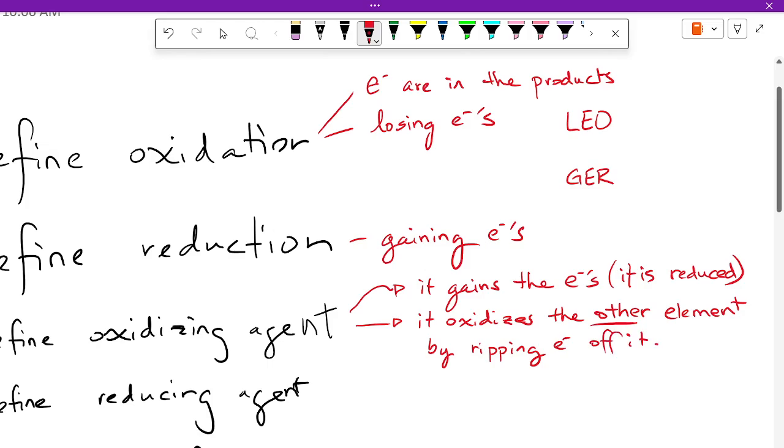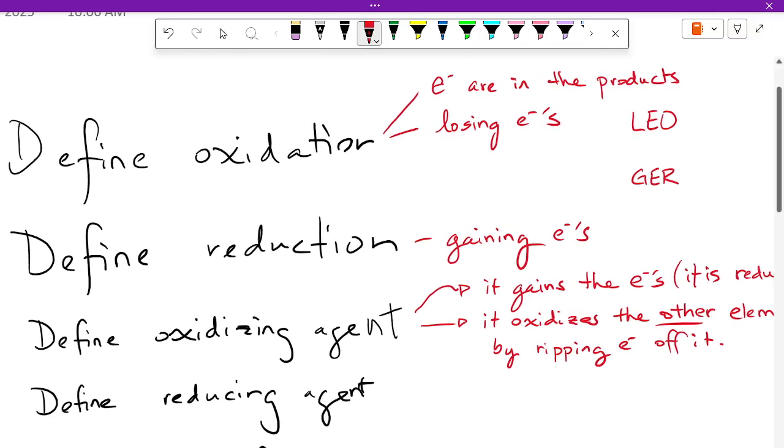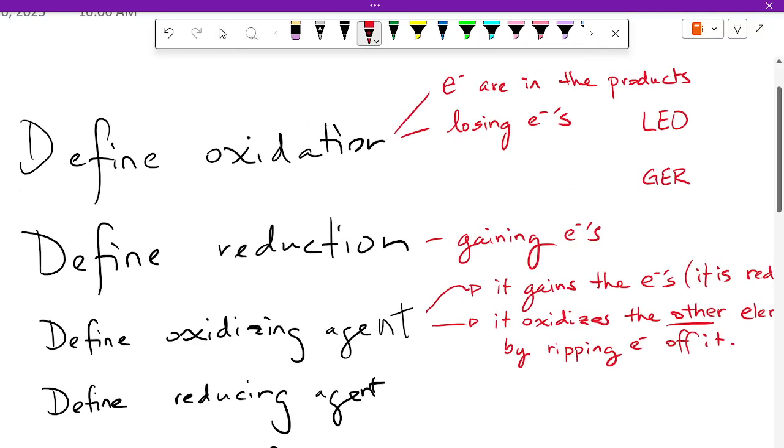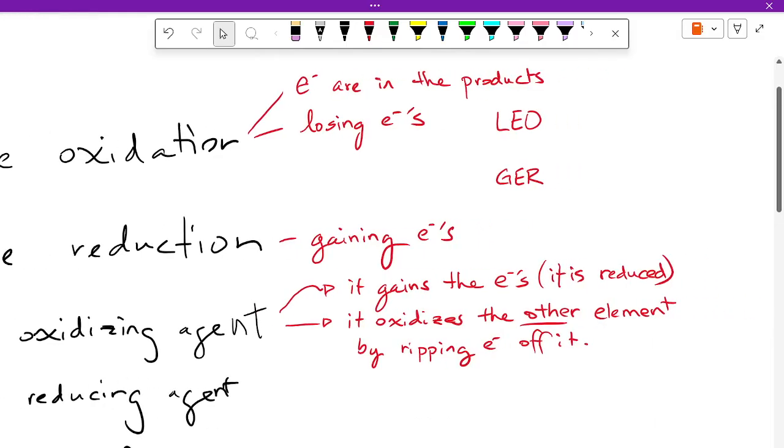What is a reducing agent, Aditya? It's the one that's accepting the electrons. Yeah, is that true? If it accepts the electrons, that would mean it's gaining electrons. It's giving electrons. It's the one that gives electrons to the other guy.